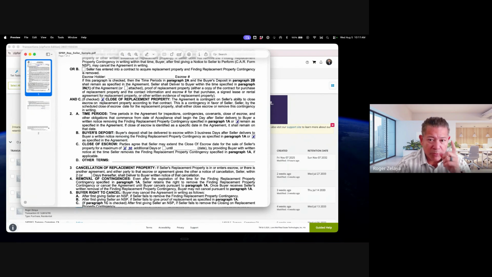Now, remember, we're representing the seller, right? So the time periods in the agreement for inspections and any contingencies, including EMD, right? And I'm just paraphrasing. I don't have to read the entire thing unless you need me to. Then I'm representing the seller, so I want the contingency periods to remain as specified in the agreement, which would be the purchase agreement, which would be 10 days, contingency 17 days, 12 days, depending on whatever was negotiated, right?